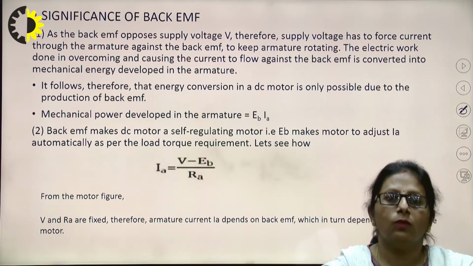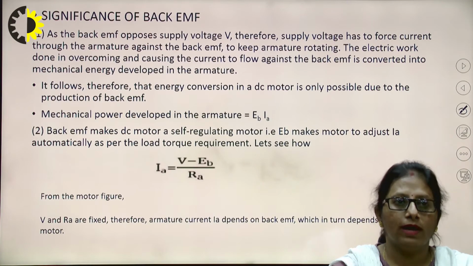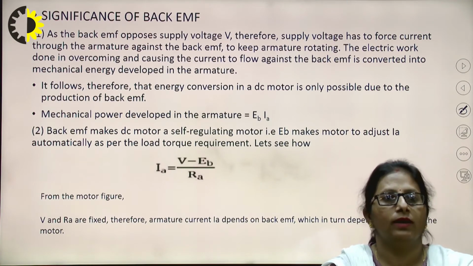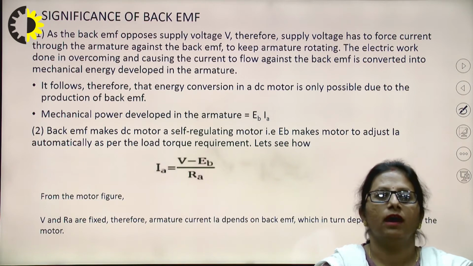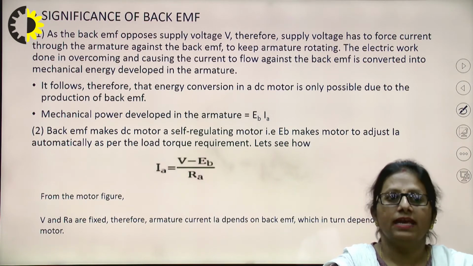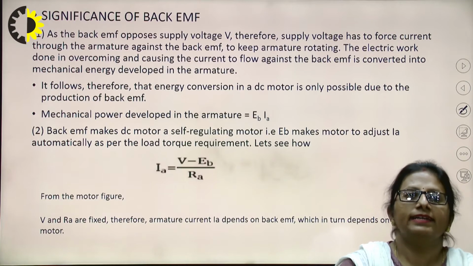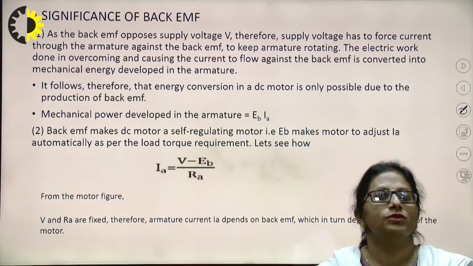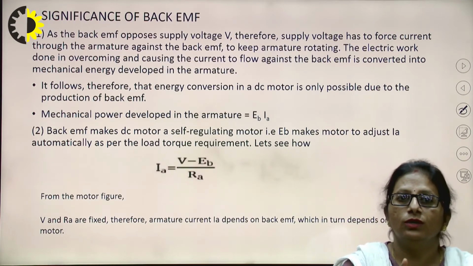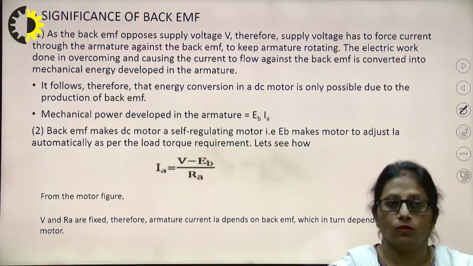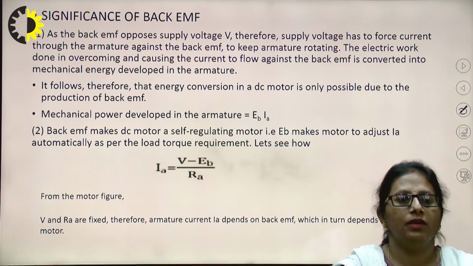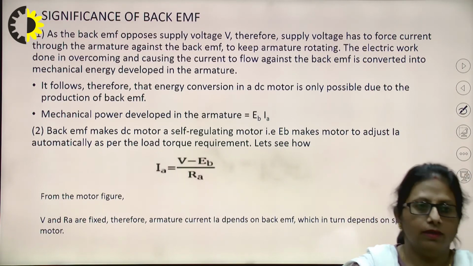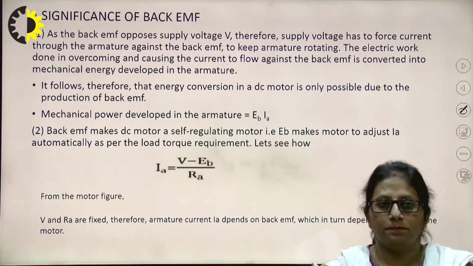This electric work done in overcoming and causing the current to flow against the back EMF is converted into the mechanical energy developed in the armature. It follows, therefore, that the energy conversion in a DC motor is only possible due to the production of the back EMF, okay? And second, the mechanical power developed in the armature can be given by the back EMF, EB, multiplied by the armature current, right?